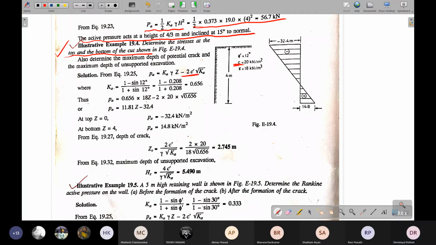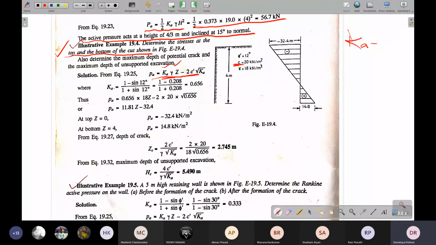This is vertical, gamma z vertical, multiplied with Ka makes horizontal. If you deduct 2c root Ka, or 2c dash, you will get the active earth pressure in c-phi soil, where cohesion is also there, phi is also there.